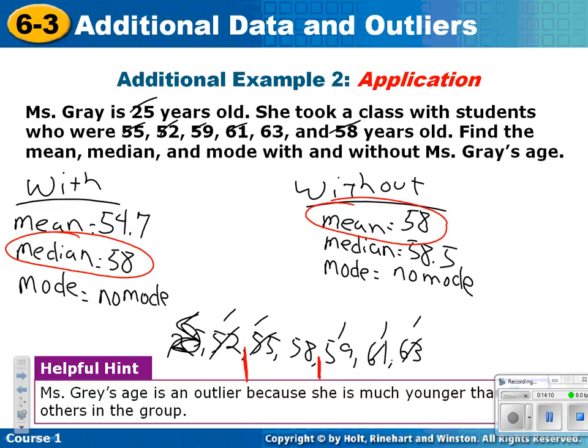Because we're using 25. We're throwing 25 in there. 25 brings that average down. Let's say you got test scores of 95, 98, 97, and 93. Okay, that's a pretty good test average, right? What if all of a sudden you just bomb one and get a 32?